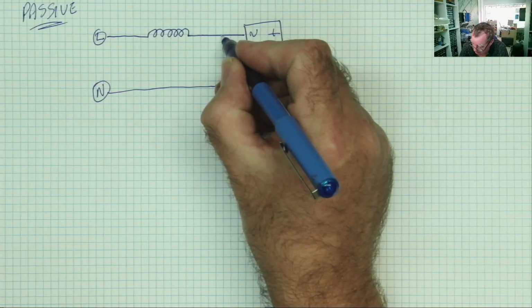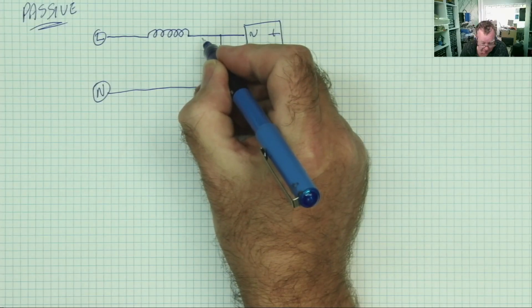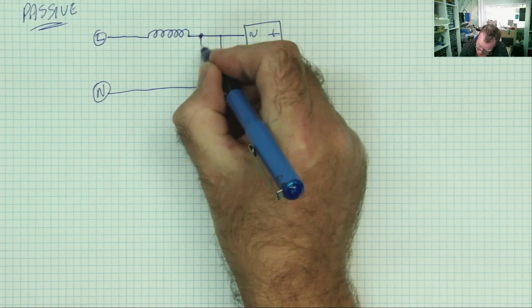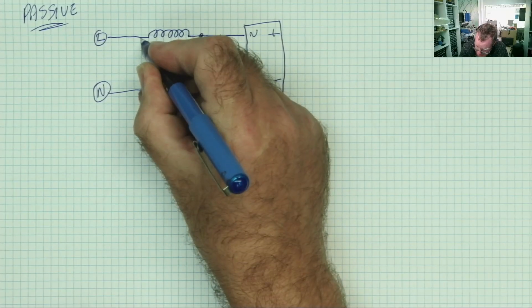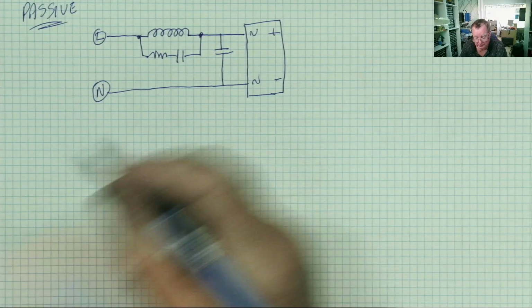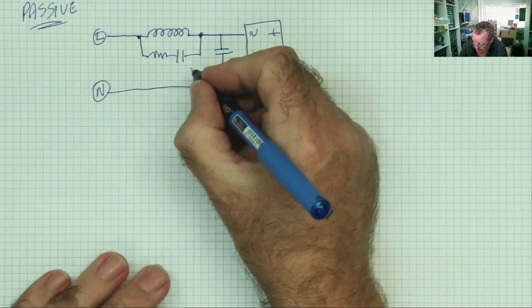We then have a capacitor here and across the coil a capacitor and resistor connected like so. These are called the PFC capacitors.